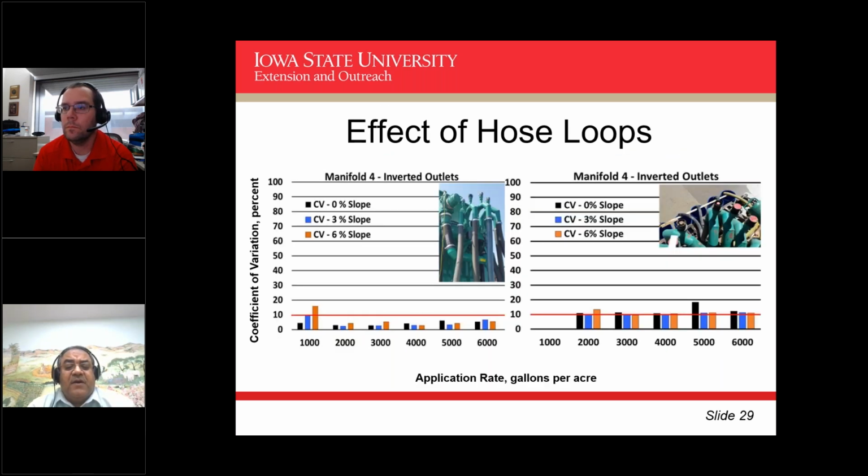In this comparison of the performance, you can see, and I've shared these graphs already with you, that with those hoses draped over the toolbar, we do see some increase in variability. This particular manifold did pretty well, and overall, the results here are very acceptable, below that 10% variability number.